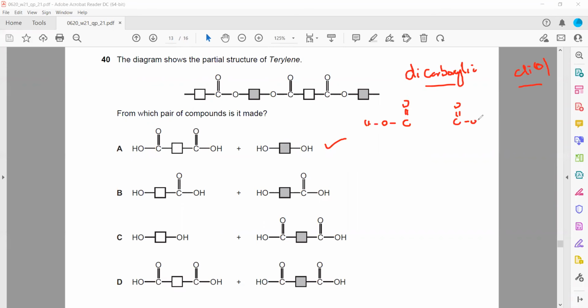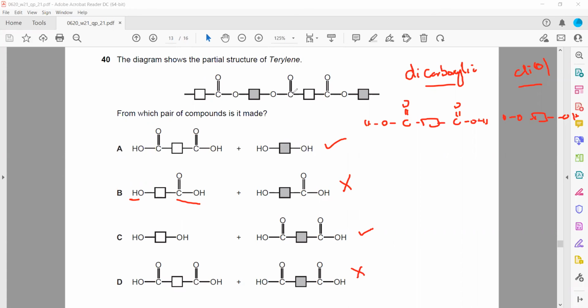And for alcohol, diol means both ends should have OH, and between them there's a carbon chain, which we can represent by a box. So why is this wrong? Because one side has OH and one side has carboxylic. That is why it is wrong. C can be an answer because there is dicarboxylic acid and diol, and D cannot be. So we are left with either A or C.